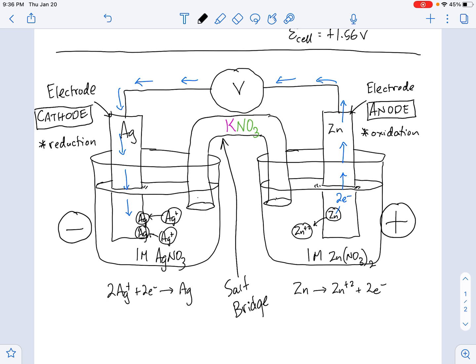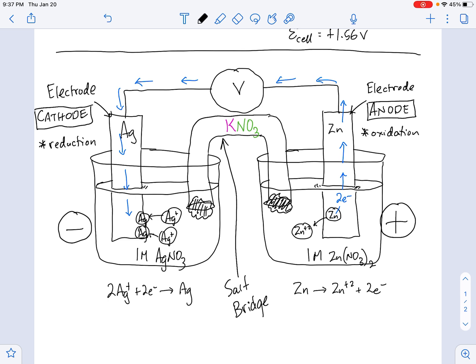But then what you do is in the ends of the actual tube, you put some type of a plug in there so that the actual KNO3 solution doesn't pour out and just join the two beakers. So the solution doesn't go anywhere, but it's porous enough that the ions can actually get through that ending.